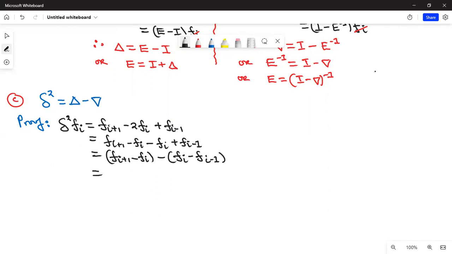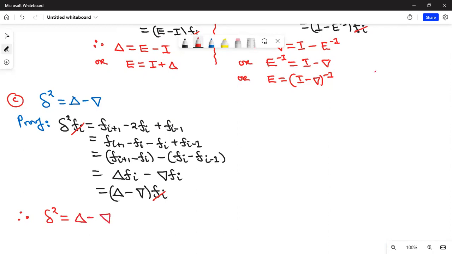So what is the first bracket? This is a forward difference of Fi. And the other bracket is backward difference of Fi. So Fi is common, so this can be written as forward minus backward, and this operating on Fi. And so you see now, if I cancel this and this, I now go back to my identity that delta squared is equal to forward difference minus the backward difference.